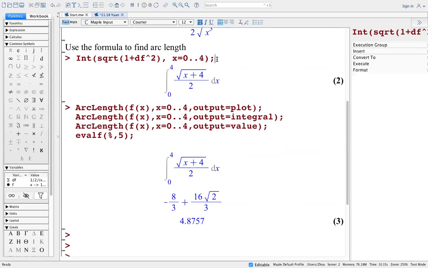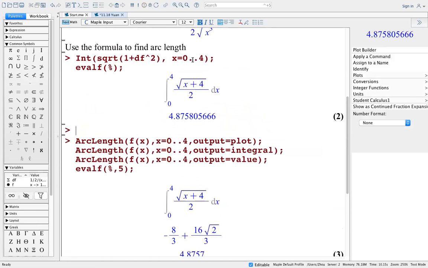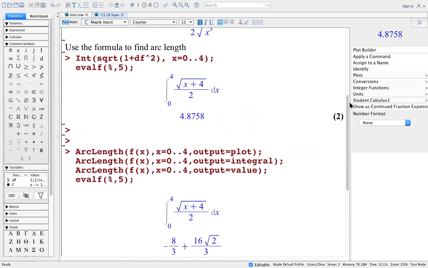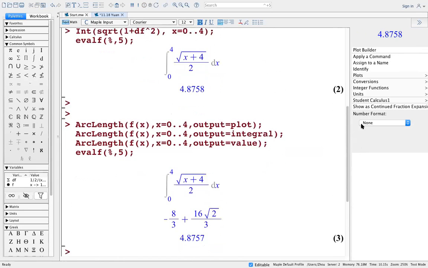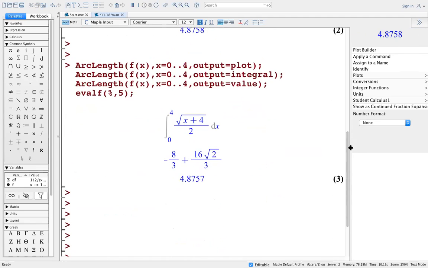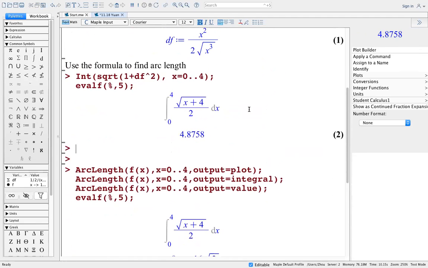And again, if you want the answer for this integration, you can just say evalf, and it'll give you the answer. You can limit the significant digits by putting the number here, say 5, so it will give you 5 significant digits. Interesting, somehow this one is 5.8 and the other is 5.57, but no worries. It should be just rounding.